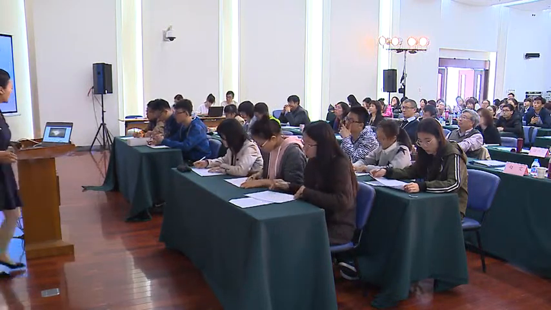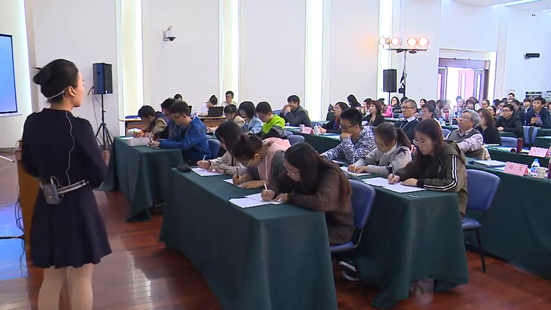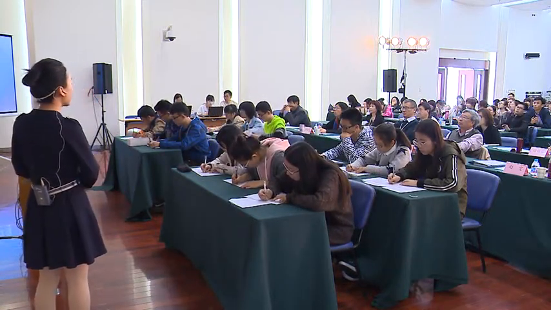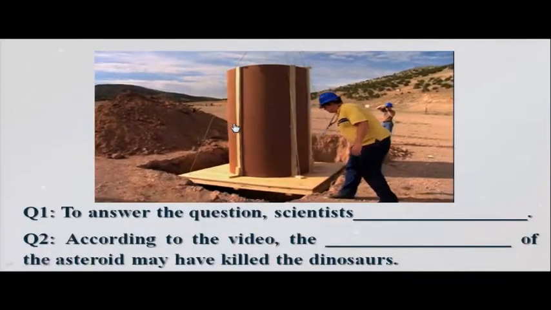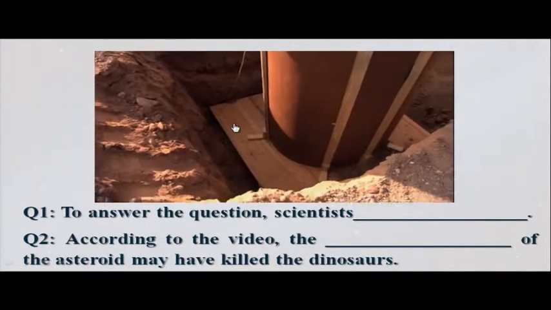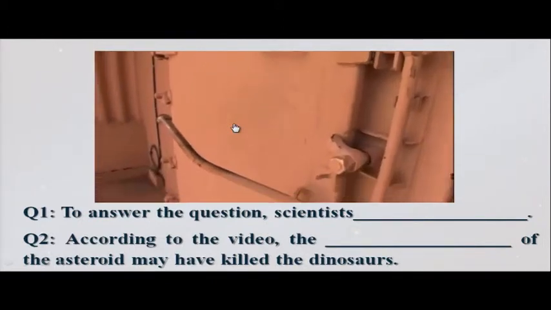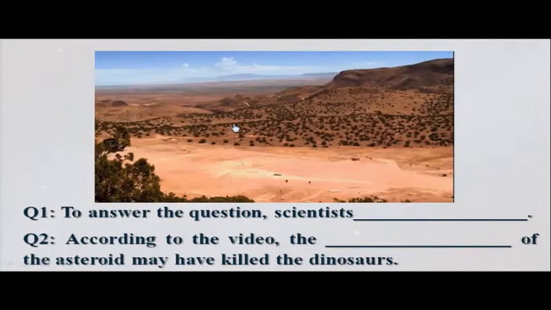To answer this question, scientists want to recreate the crash from 65 million years ago. In the United States, a team of scientists puts a bomb in the ground. The team moves to a safe place. And they wait.